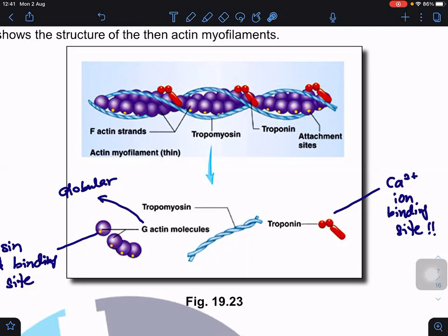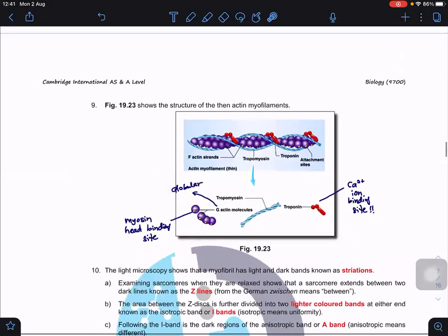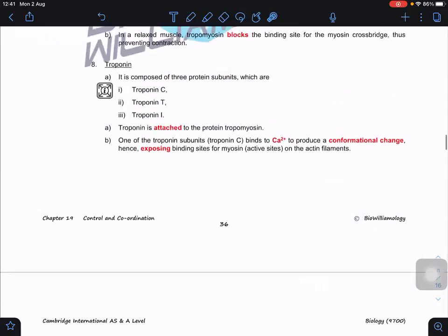These calcium ions will bind to the troponin. When they bind, it will cause the troponin to change its precise three-dimensional shape. And because troponin binds to tropomyosin, it will cause the displacement of the tropomyosin and hence expose the myosin head binding site. This entire thing is very thin, so that's why we call them thin filaments or thin actin filaments. Are you guys clear about this now?